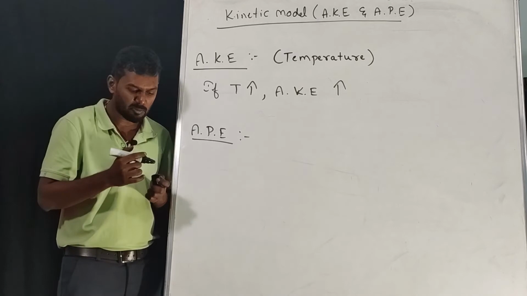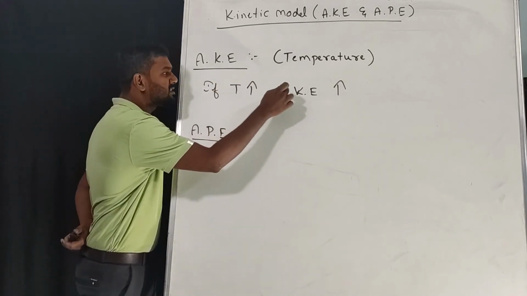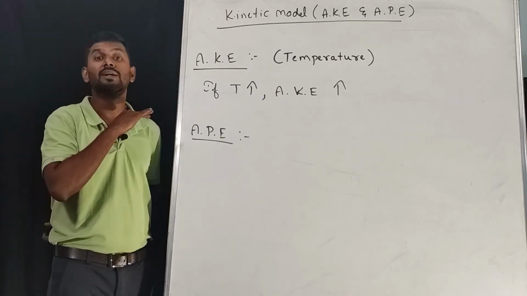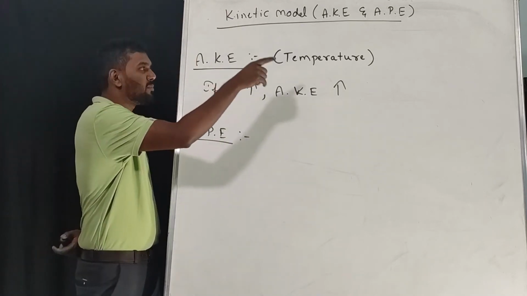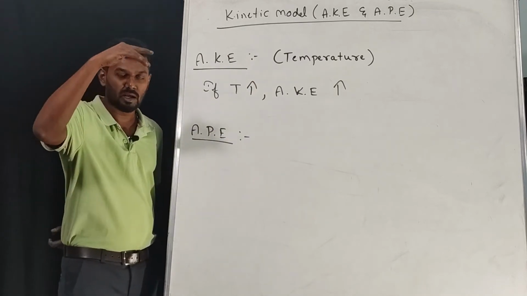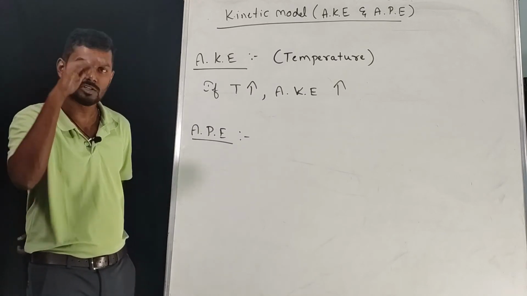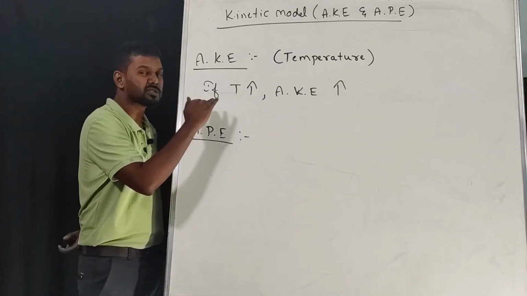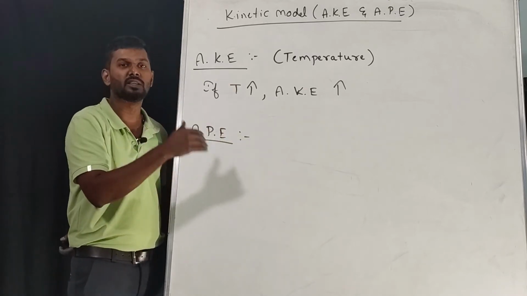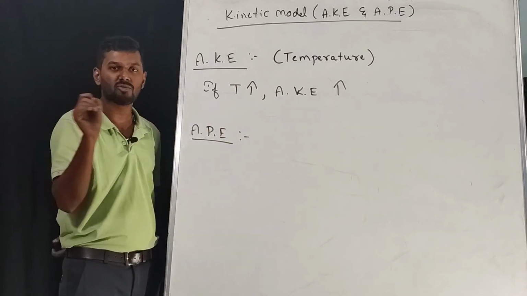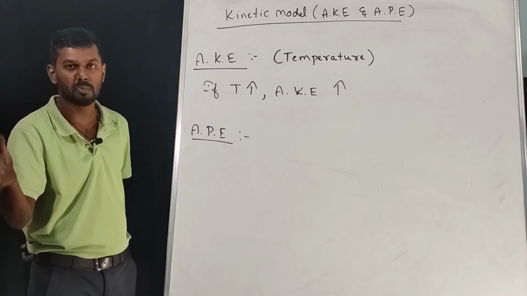When they mention same temperature or constant temperature, the average kinetic energy of the molecules does not change. It will only increase if the temperature increases. If the temperature decreases, average kinetic energy of the molecules also decreases. If the temperature is constant or same, then there will be no effect on the average kinetic energy. So you have to write that average kinetic energy of the molecules will not change at a constant temperature.